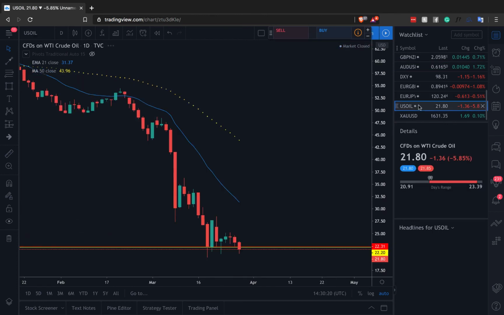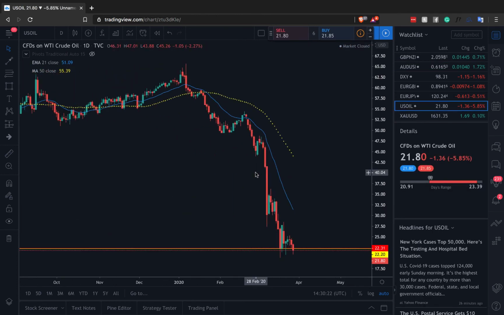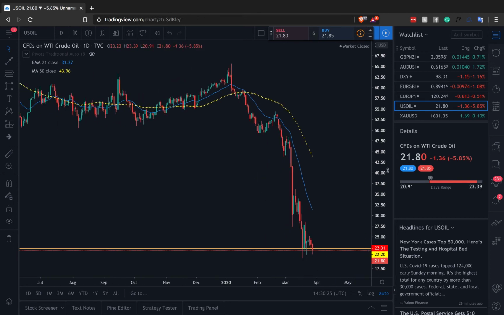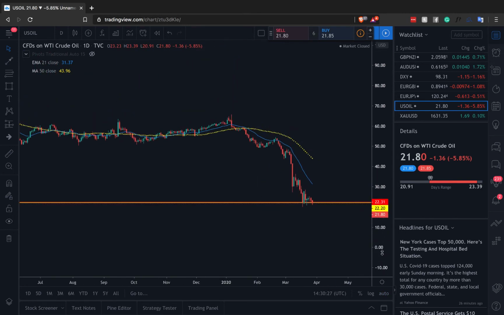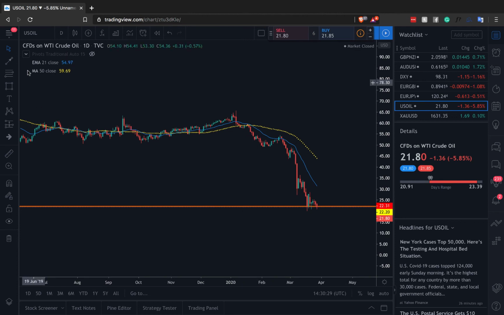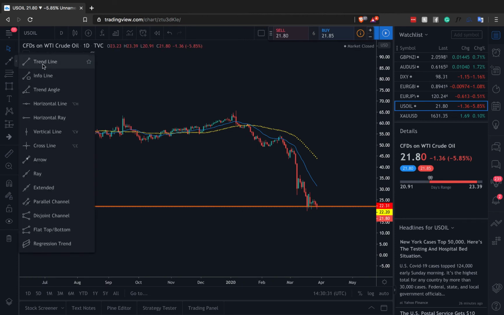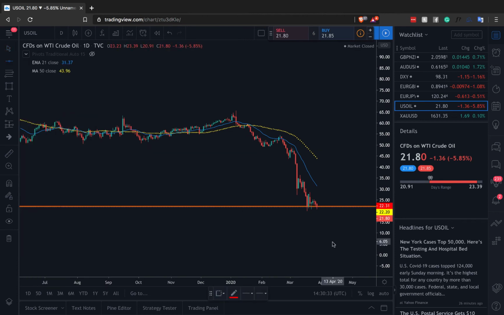You can also take a look at oil. This will go even lower. My target on oil is down here. Down here, horizontal line. No, not this one, here.